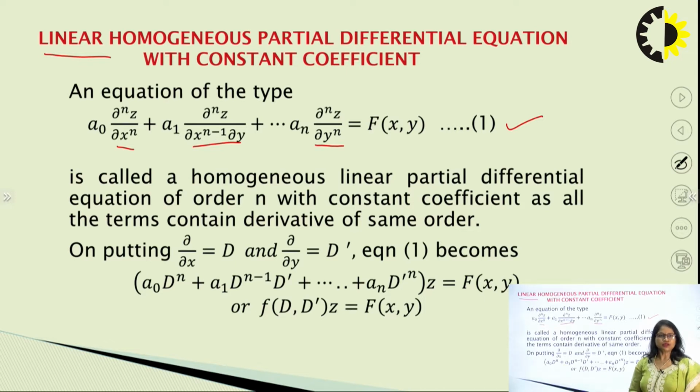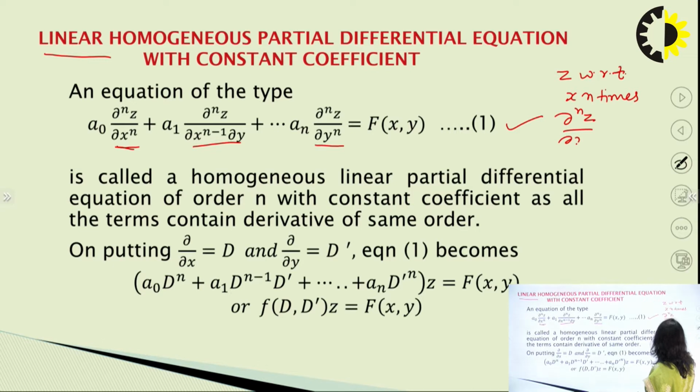and it is homogeneous, because in the first term we have the derivative of z with respect to x n times, giving us del n z by del x n. In the second term we take the derivative of z with respect to x and y: with respect to x, n minus 1 times, and with respect to y, 1 time.